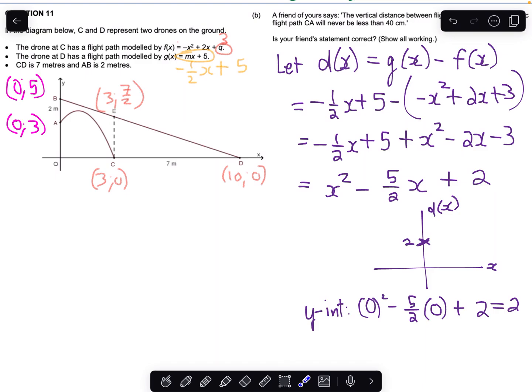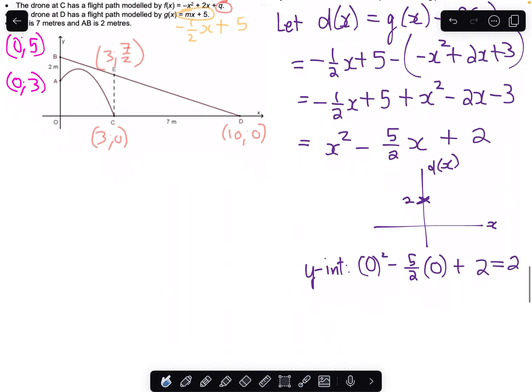So now I'm interested in where the turning point is and whether it will be above or below the x-axis. The x-coordinate of the turning point is given by minus b over 2a. The b in this case is minus 5 over 2, and the a is the coefficient of x squared, which is 1, and that ends up being 5 over 4.